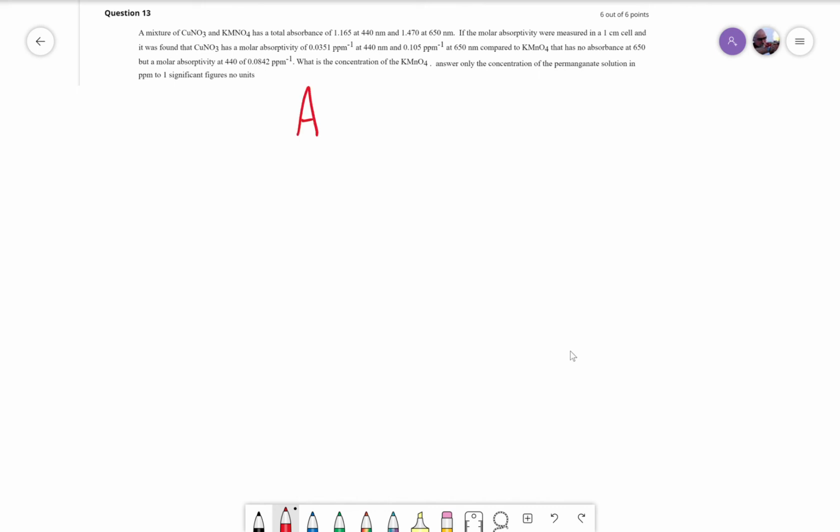In this problem, we have the total absorbance at 440 is equal to 1.165 at 440.